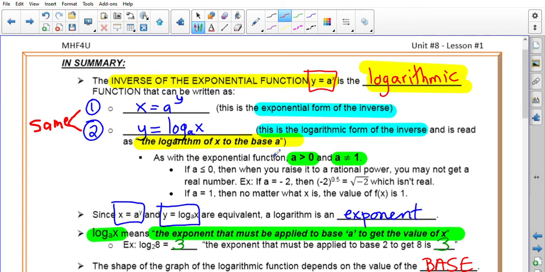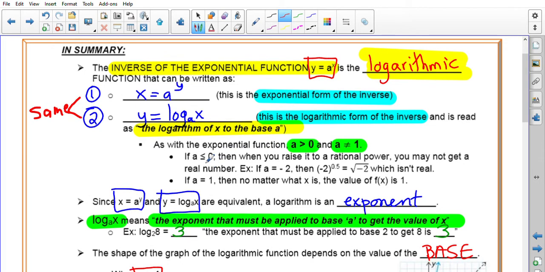Just as with exponential functions, the base cannot be equal to 1, right? And the base must be greater than 0. The reason why the base can't be negative, just as with exponentials, is that if you had, for example, -2 raised to the 0.5, so raised to a rational power, that's really the square root of -2.